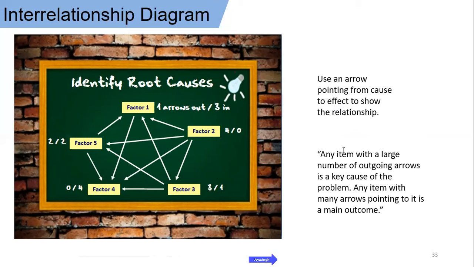Mostly you'll find that your stakeholders in an organization don't even agree on what the root cause is. So therefore it's important to actually run an interrelationship diagram, identify the root cause, and then start working on the data. Does that make sense to everyone? Okay, Juhi says yes. Right, great. Thank you, folks.